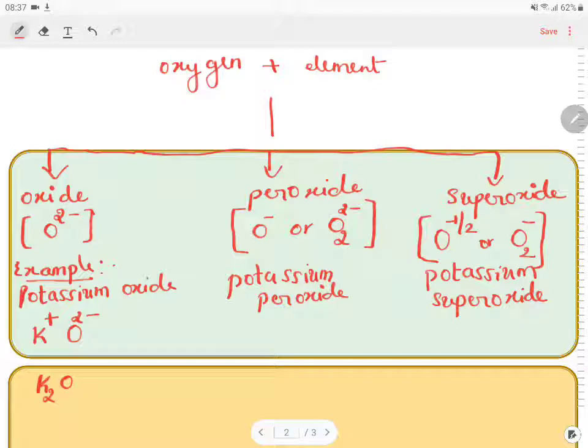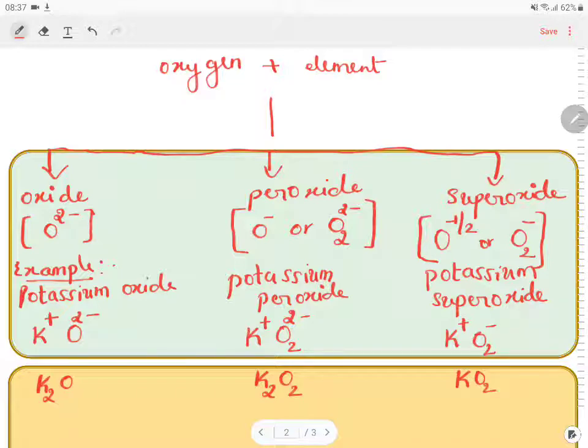Similarly, for potassium peroxide, K plus and the peroxide ion, O2 2 minus. Using the crisscross method, you get K2O2. Then what about potassium superoxide? It is K plus and O2 minus. Therefore, we get KO2.